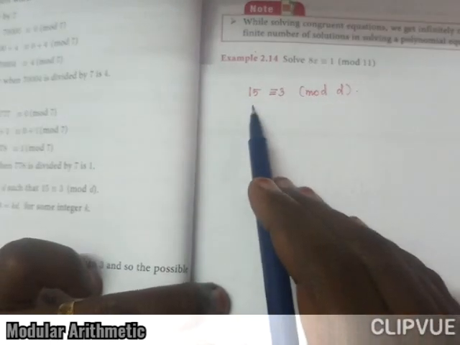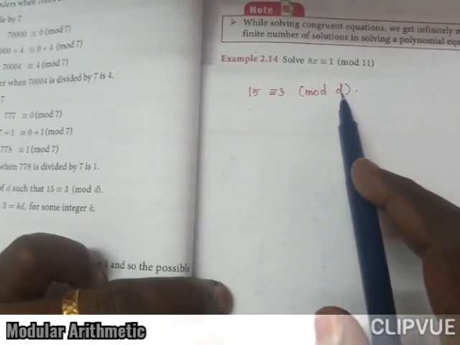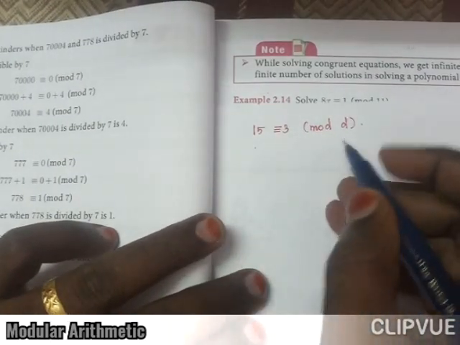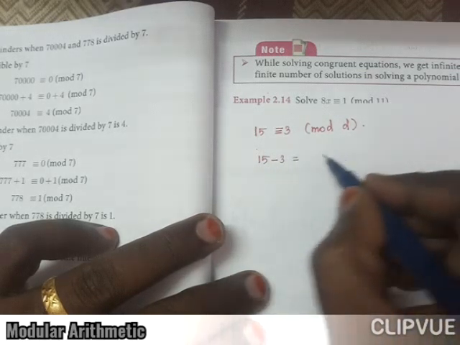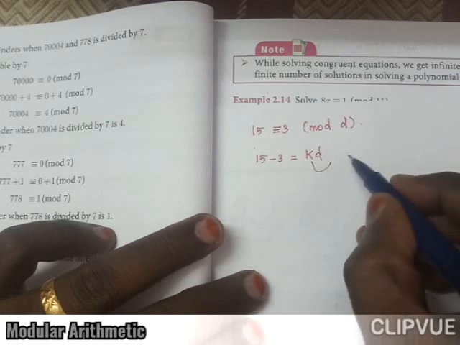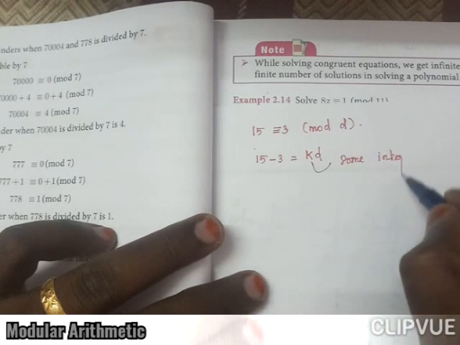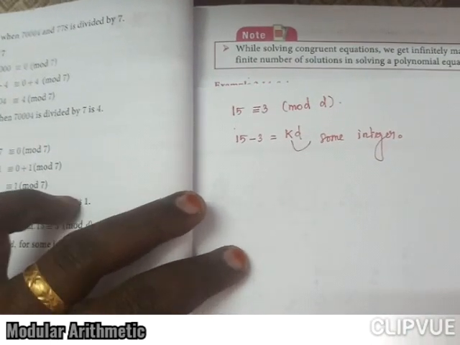Listen. 15 congruent to 3 mod D. We are going to find the divisor. If it is in the form of congruence modulo, we can write 15 minus 3 is equal to k times D, where k is some integer. We do not know about it.